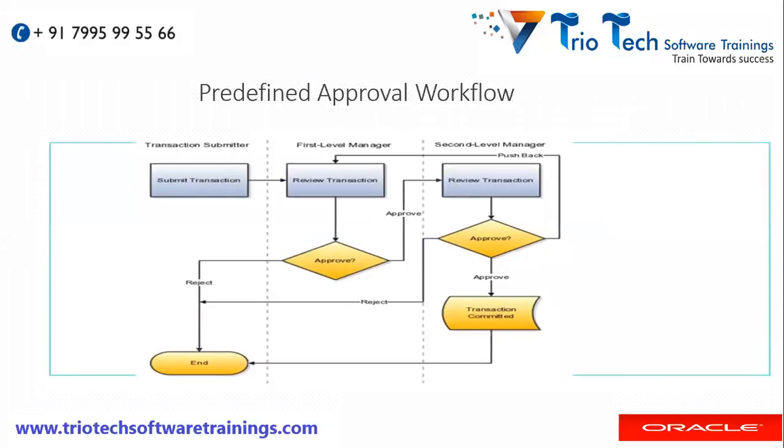Moving on from the workflow, we can define this workflow at a very detailed level using BPM, the worklist. This is an area where we can define and have more insight into security or our approvals.